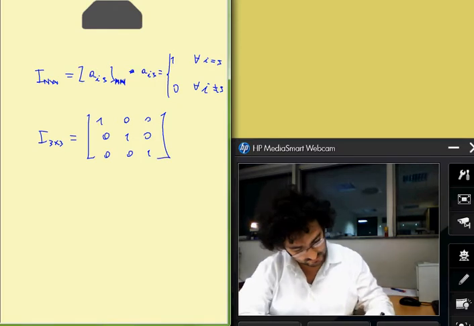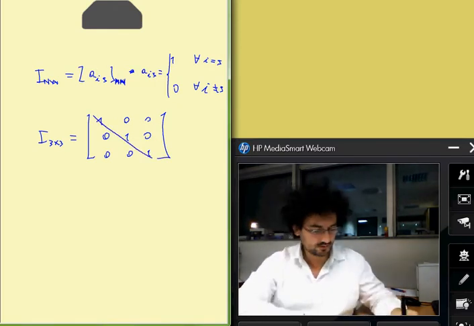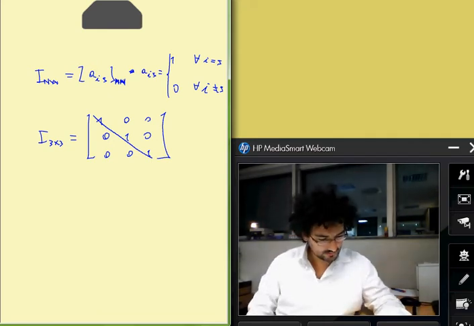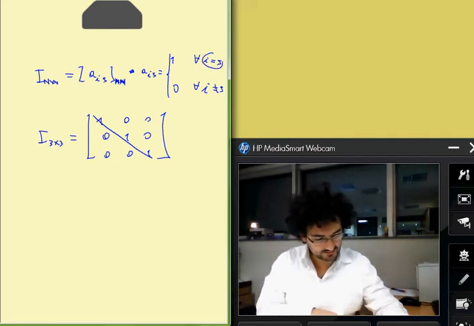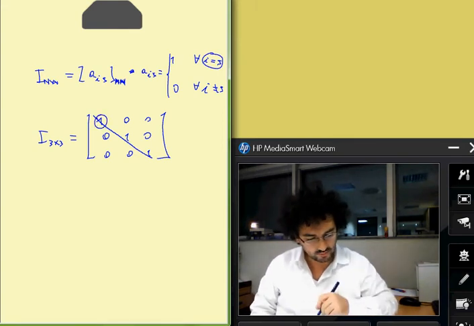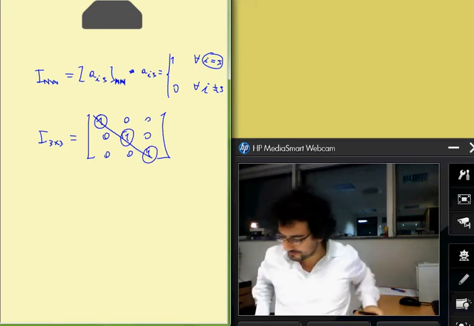So the elements are equal to 0 except the elements on the main diagonal, in which i is equal to j, because this is the element a11, this a22, and this is a33.